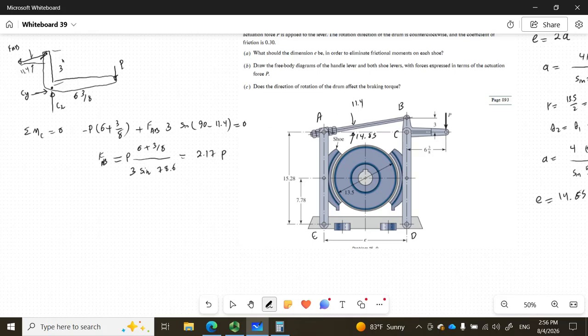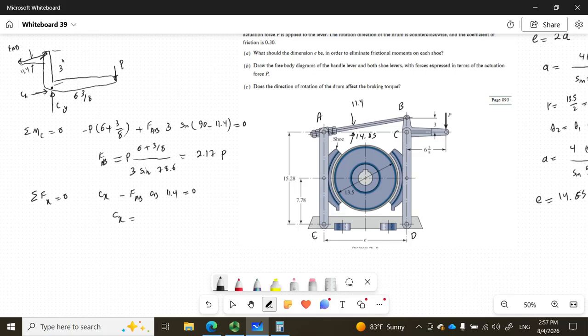Then summation of forces in X must be 0. This one I called wrongly, so this one is CY. CX is going to the right, FAB is going to the left, negative FAB cosine of 11.4 should be equal to 0.